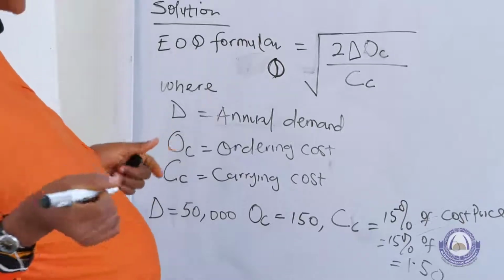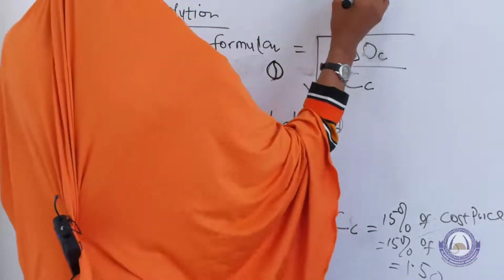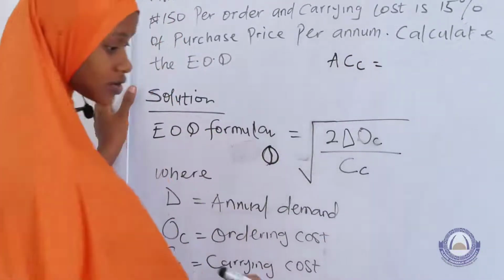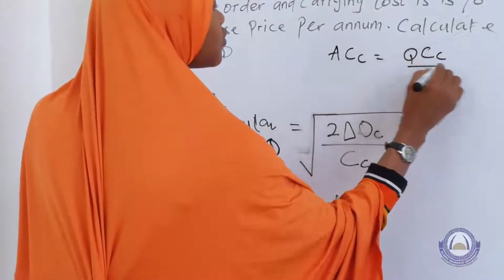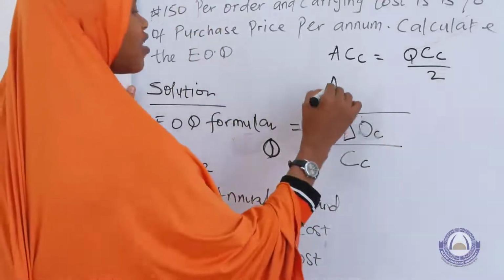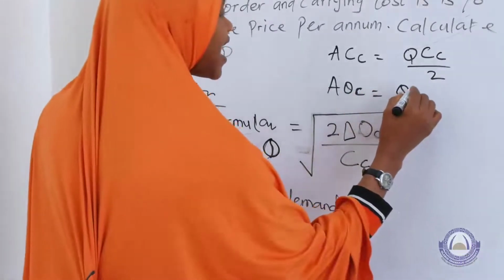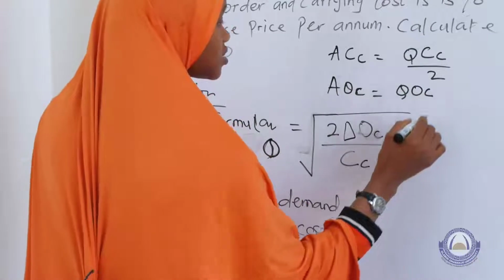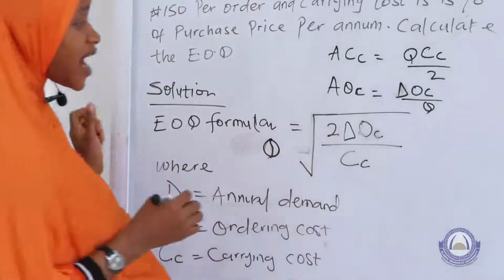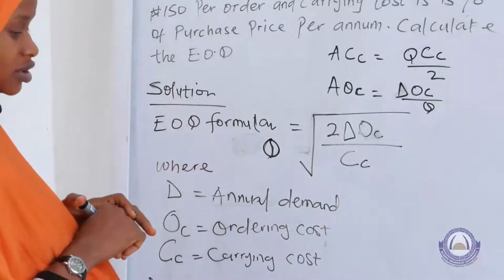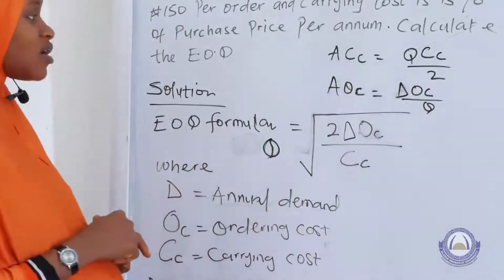Our annual carrying cost is denoted by Q multiplied by our carrying cost, over 2, while our annual ordering cost is denoted by D multiplied by our ordering cost, divided by Q. So that's how we arrive at our annual carrying cost and annual ordering cost.